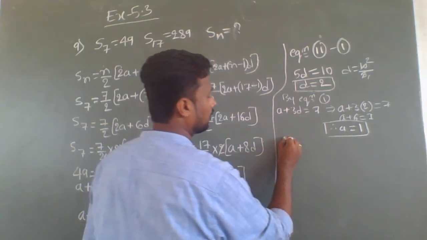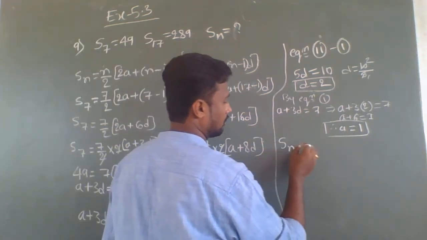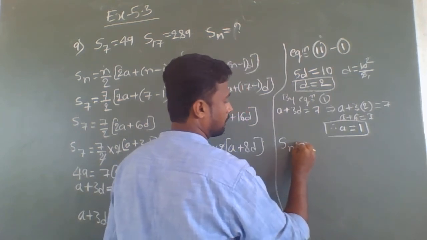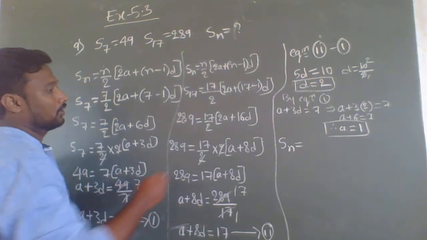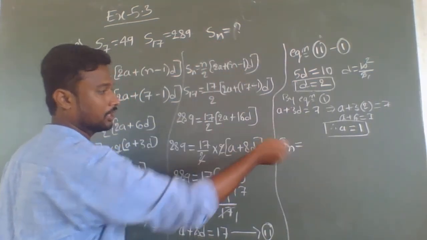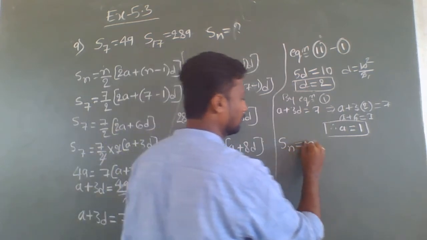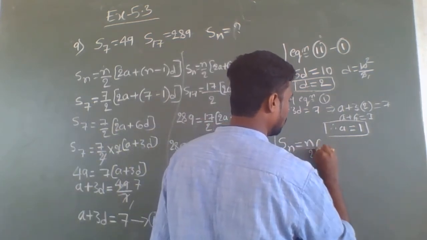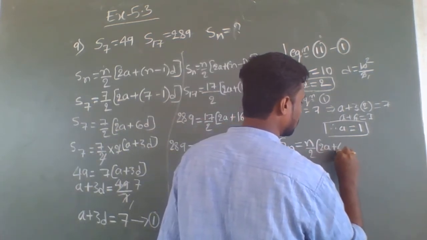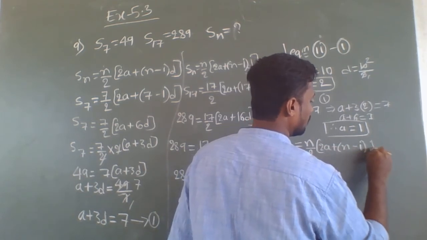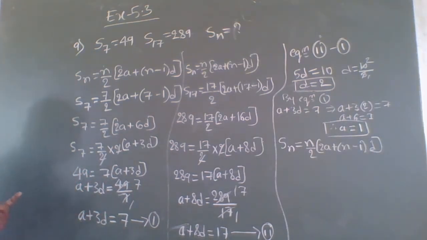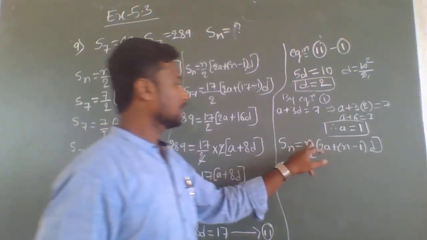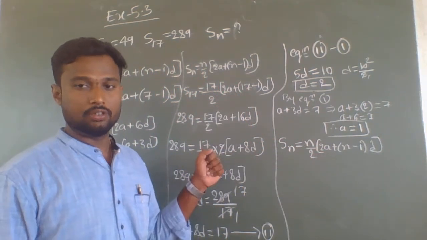They asked for the sum of n terms. Therefore, in the place of Sn I will write Sn only, because I have to calculate the sum of n terms. Sn is equal to n by 2 into bracket 2a plus n minus 1 into D. Here we have the A value and D value, and the n value is n only, because we have to calculate the sum of n terms.